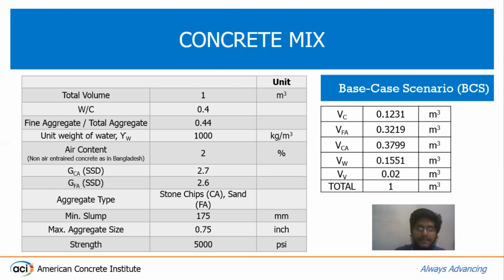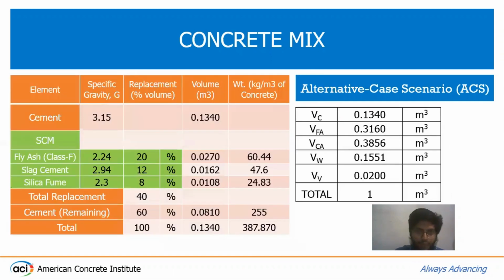Now coming to the alternative case scenario. In the alternative case scenario, we have added some supplementary cementitious materials, such as fly ash, slag cement, and silica fume, with our cement content. The specific gravity and the percentage replacement of the supplementary cementitious materials were taken from various literature reviews. The total replacement is 40%, and the total cementitious content is 387.870 kg per meter cube.